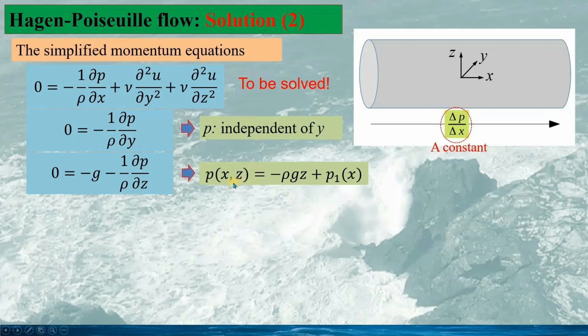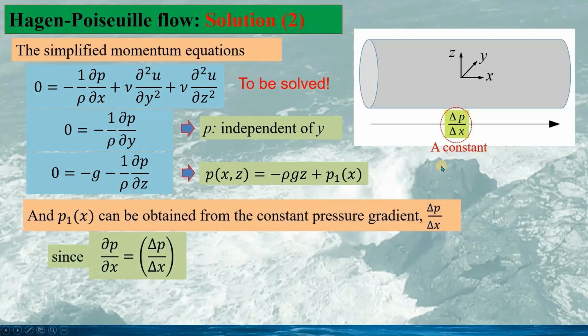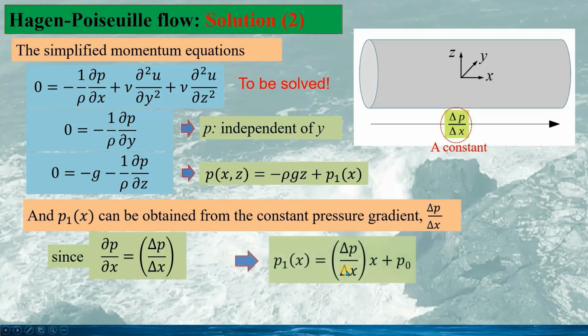Here, the pressure is understood to be a function of x and z. And we can solve the pressure from this equation as this. And the function P1(x) would be decided by considering the constant pressure gradient ΔP over Δx, since the partial differentiation of pressure with regard to x would be the same as ΔP over Δx.